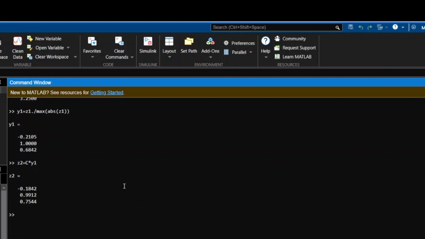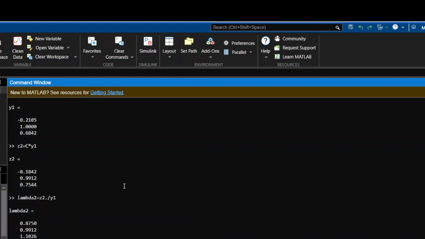Now here is my z2, and now I find lambda 2. Lambda 2 will be Z2 by y1. So see, here again it has still not converged.